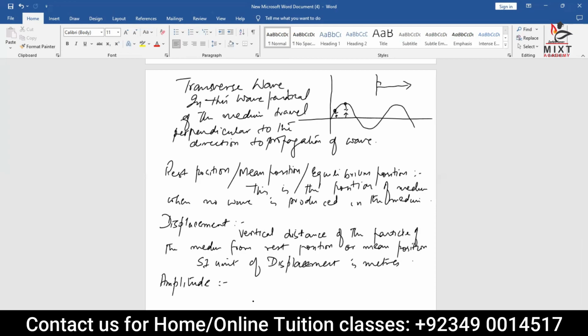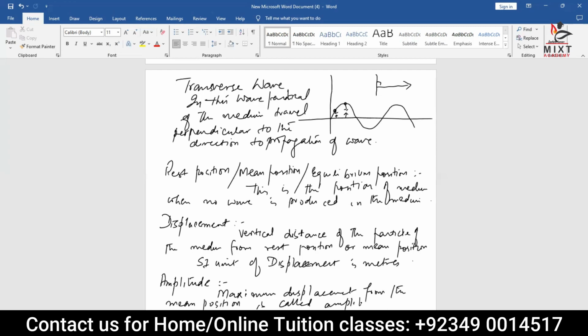It's the same thing. Maximum displacement from the mean position is called amplitude.